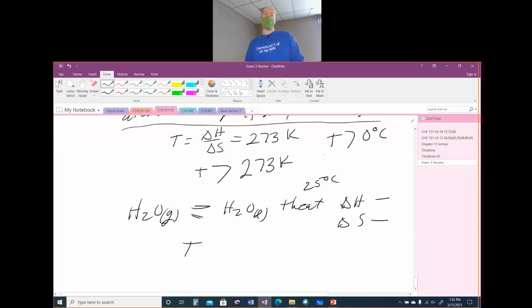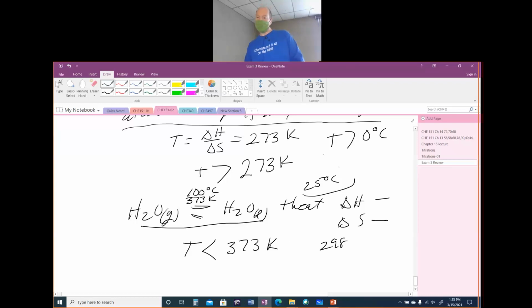And so we know that when the temperature is less than, and we know this point, 100 degrees Celsius or 373 Kelvin, when the temperature is less than 373 Kelvin, then delta G would be negative. At 25, we will condense it. So here, your delta G, when you have your 298, which is where we're at, that is less than 373. So this is spontaneous, that at room temperature, you will condense your steam.